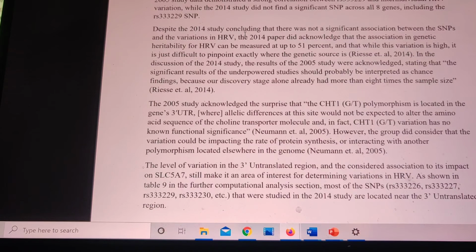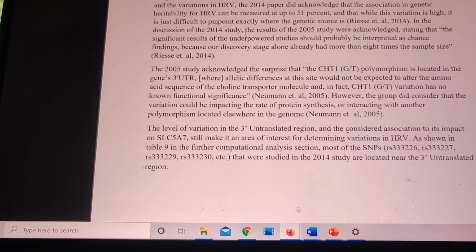And despite the 2014 study concluding there were not significant associations, there are a lot of SNPs that were looked at, and of the top ones analyzed out of the 440 genes, a lot of them were from the 3' untranslated region of the CHT1 gene, which does spark interest for where the underlying genetic cause is for variations in heart rate variability.